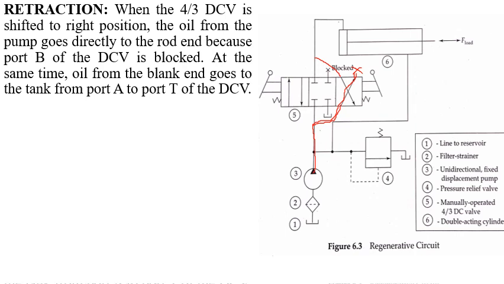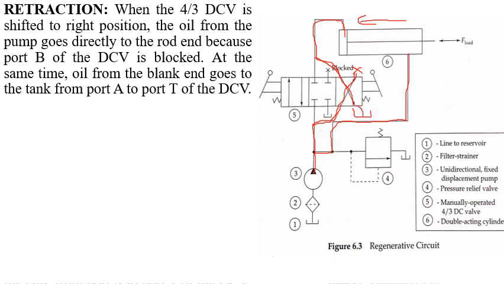Here is one more passage, and it is connected to the rod end, and the retraction of the cylinder happens as in a regular cylinder. The output of the cylinder goes like this and is connected to the tank.